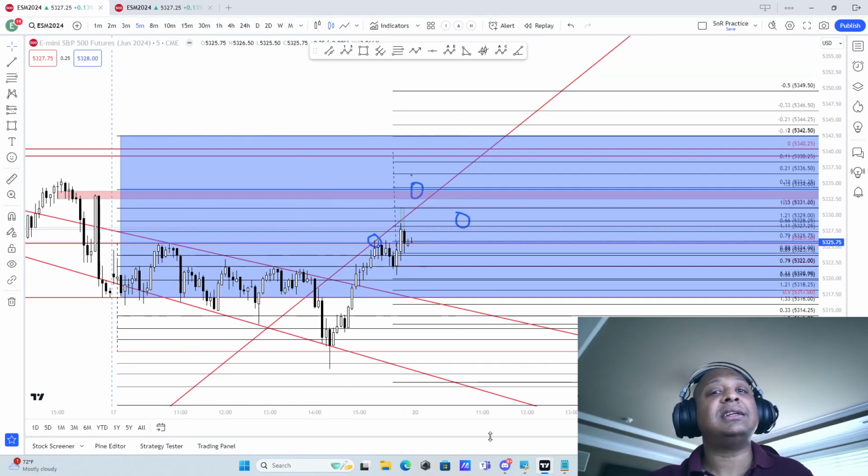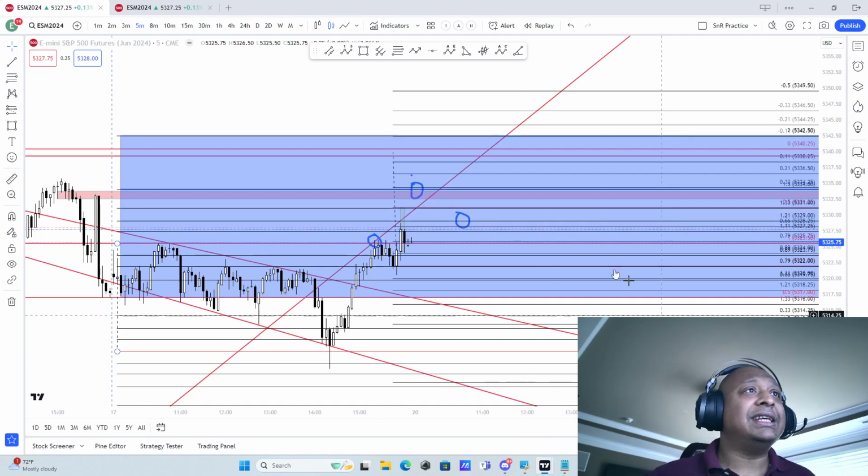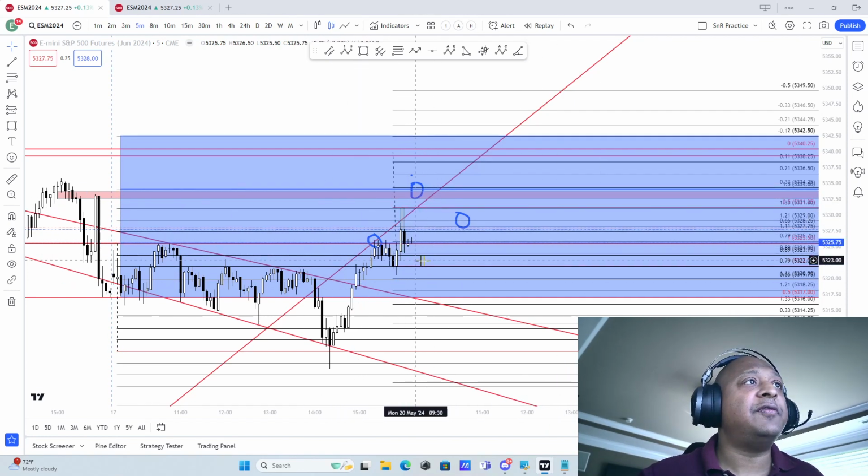So FOMC will decide the direction, it may move in that direction, but then Thursday is the actual test of whether that FOMC move is going to hold or is it going to completely reverse and give us some other targets in the opposite direction. Right?